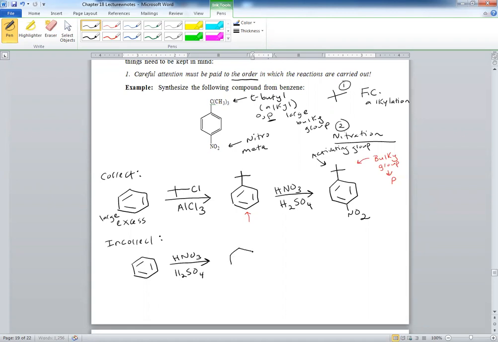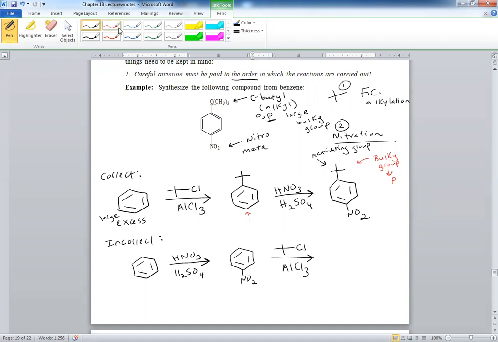They would say, okay, now when we go to the next step, let's add the Friedel-Crafts. Let's add the alkyl group, the tert-butyl. We encounter two problems here, two dilemmas.